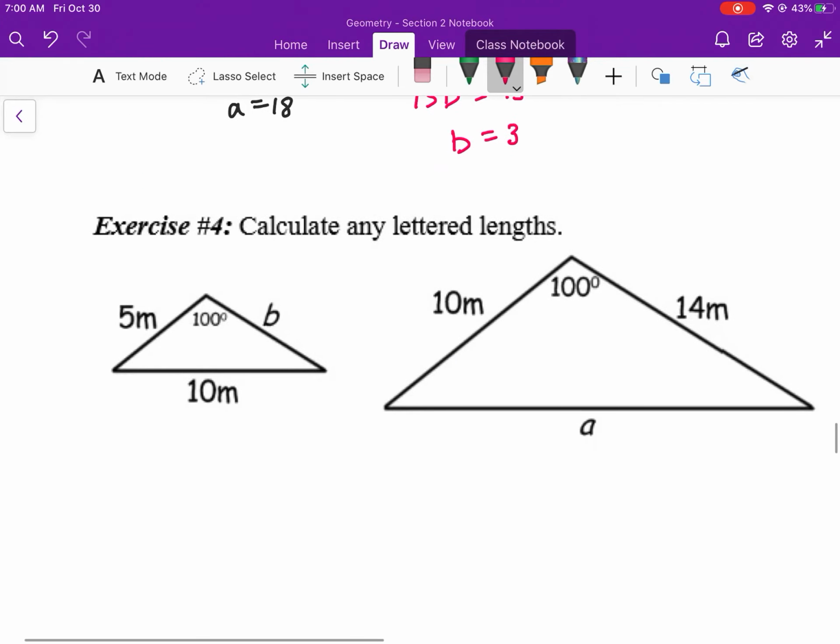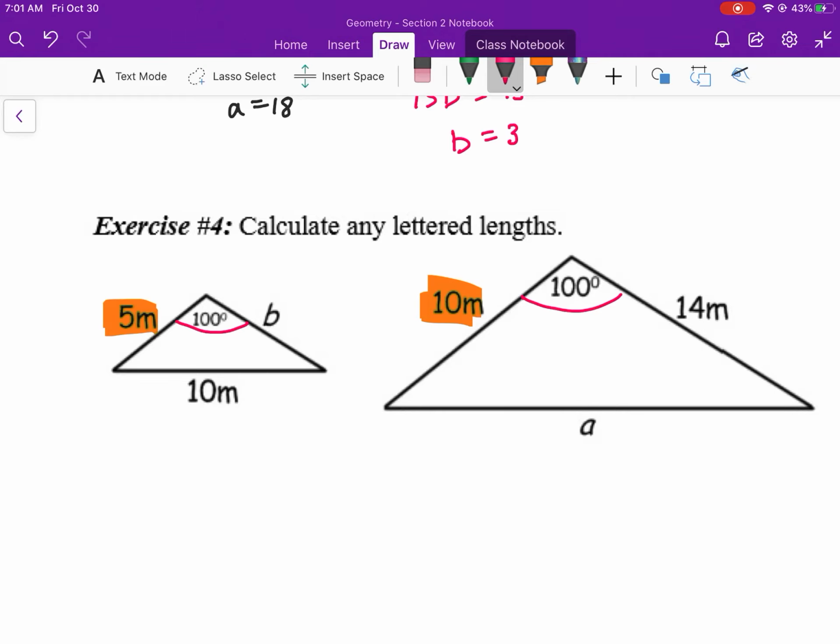All right, same way here. I have this angle 100, so we're going to assume that these other ones are the same, just because. So I noticed, looking around, it looks like I have a 5 and a 10. So it looks like the triangle on the right is twice as big as the triangle on the left.